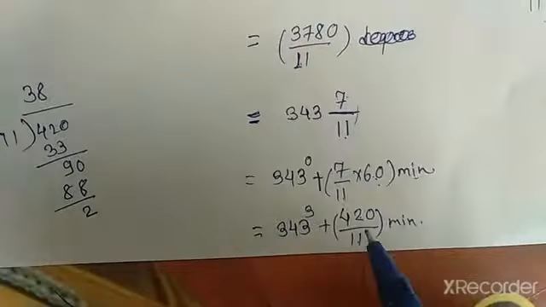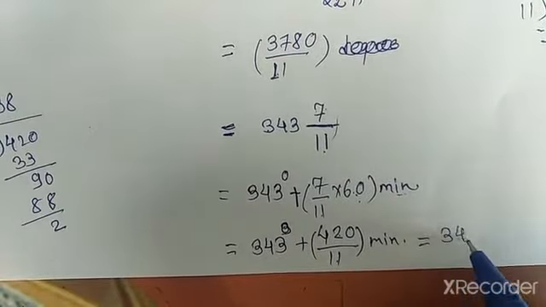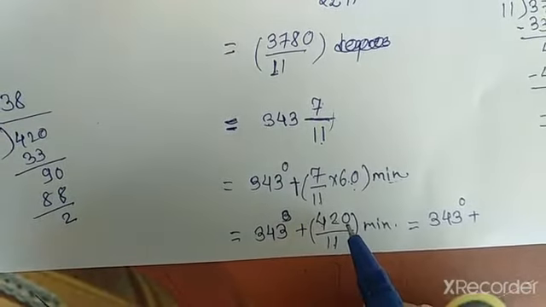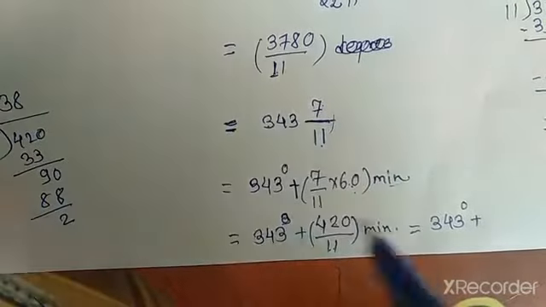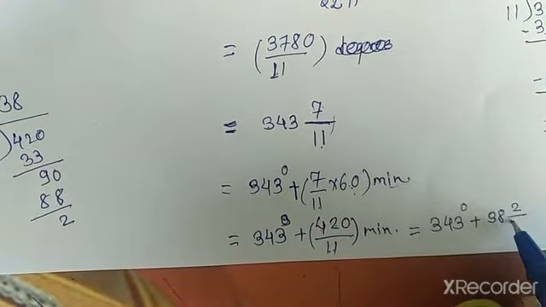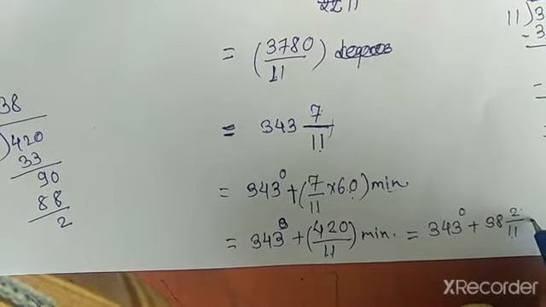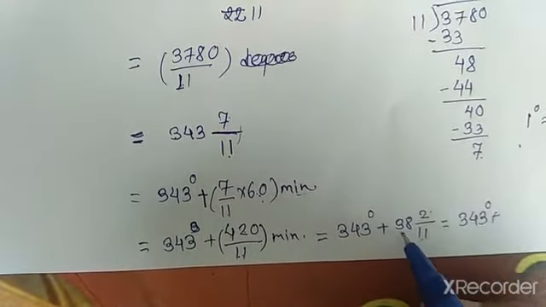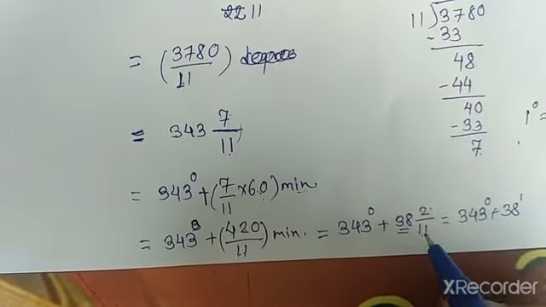So 420 upon 11 can be written as 38 and 2 upon 11, the remainder is 2 and the divisor is 11. So here it will be 343 degree, plus 38 minute and 2 upon 11 second.